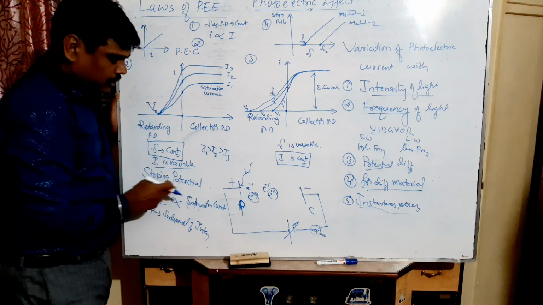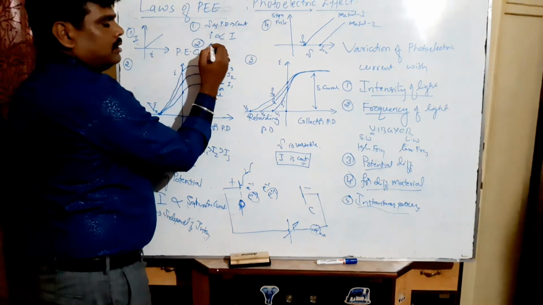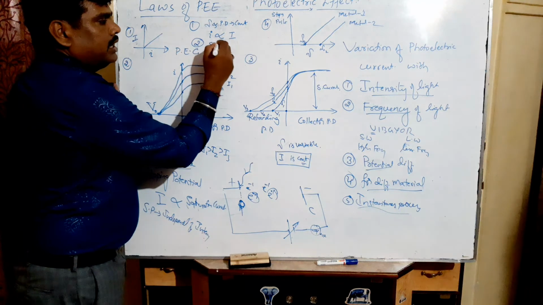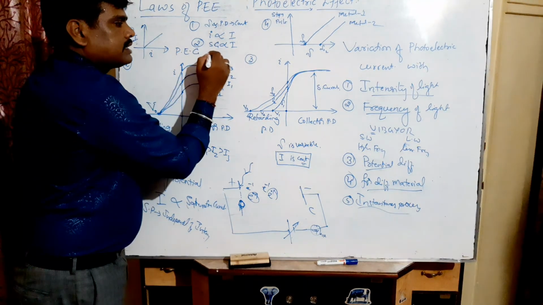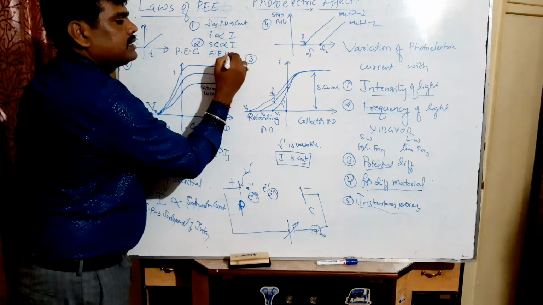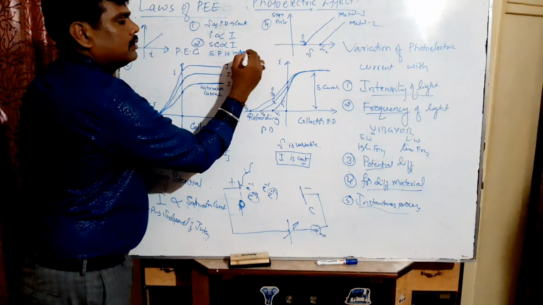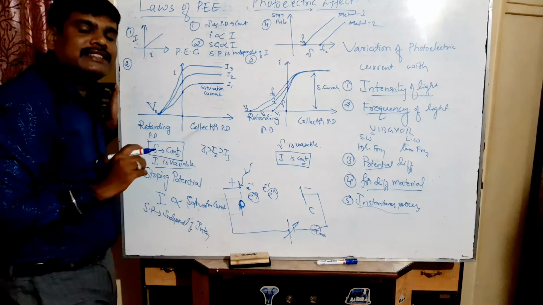It means stopping potential is independent of the intensity of light. So this is the second statement: saturation current is directly proportional to intensity, but stopping potential is independent of intensity.